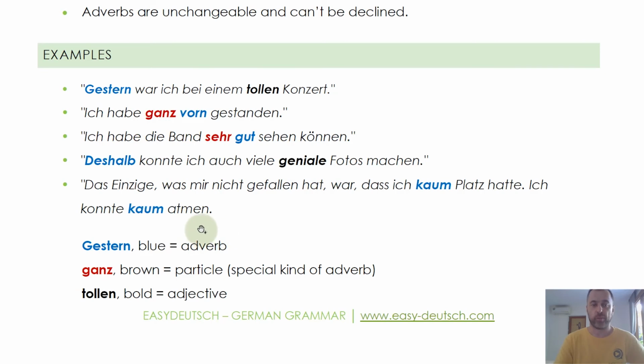Ich konnte kaum atmen. Here it obviously refers to a verb. I could barely breathe. There it's very obvious that's an adverb. But I wanted to show you this one too because this one is a little bit more of a complicated one where you have to understand the idea behind adverbs and adjectives.